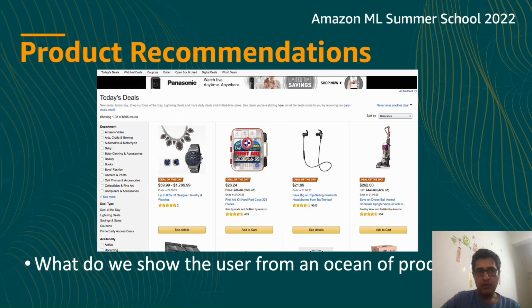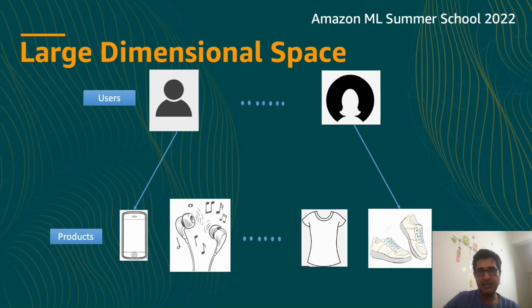So for example, for product recommendation, the problem that we are facing is what kind of recommendations should we show to which user? In this problem, you have lots and lots of users, and these users have interacted with, purchased, or liked lots and lots of products. But the question is, how do you utilize that information, right?